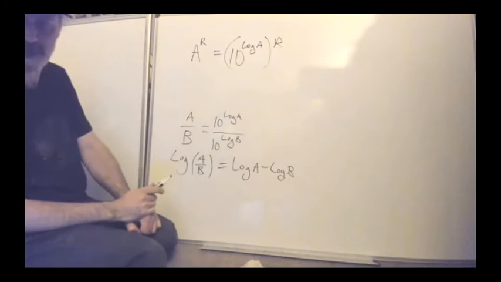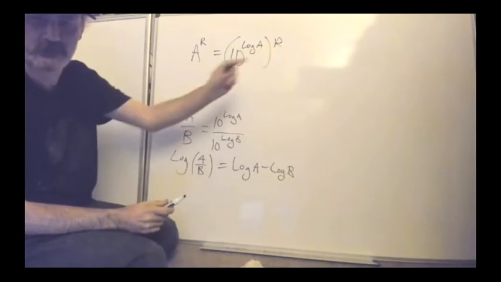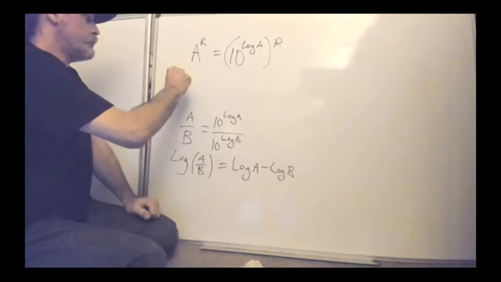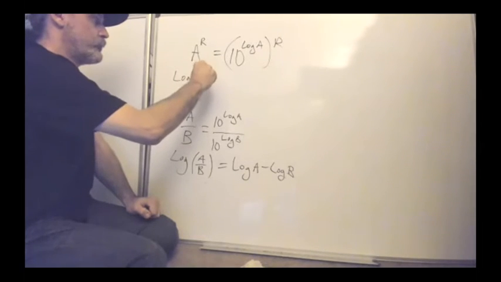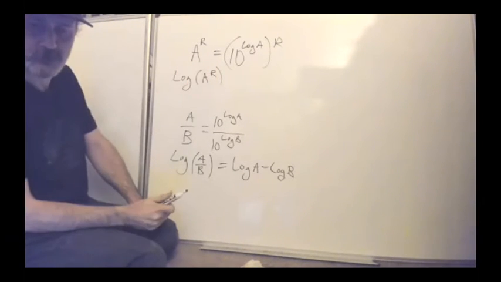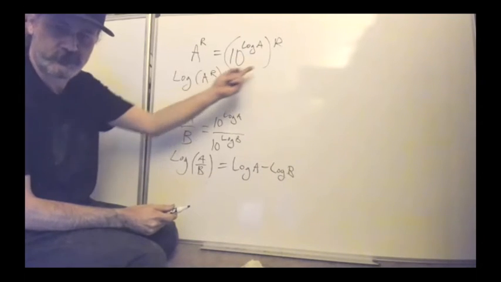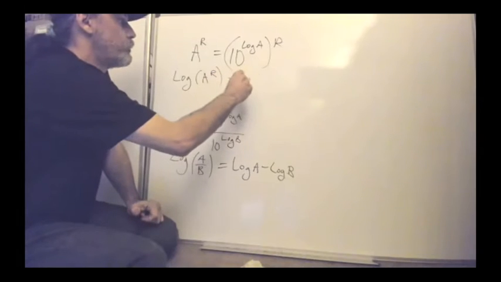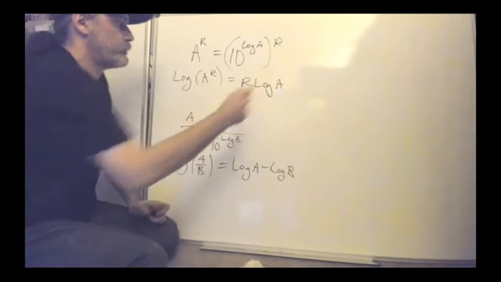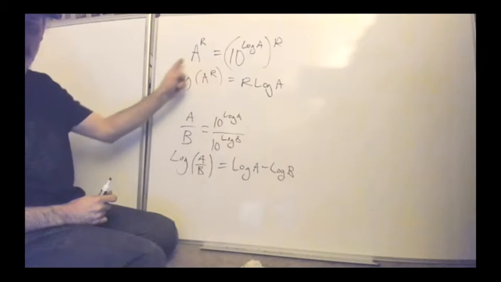We multiply because power outside parentheses. So when you log something that has an exponent, you're changing it to base 10 and using the exponents. So this equals R log A. So in other words, the exponent multiplies to the log.